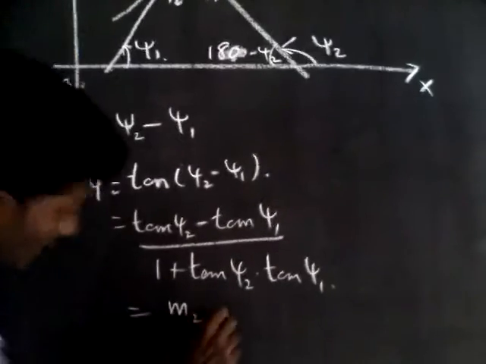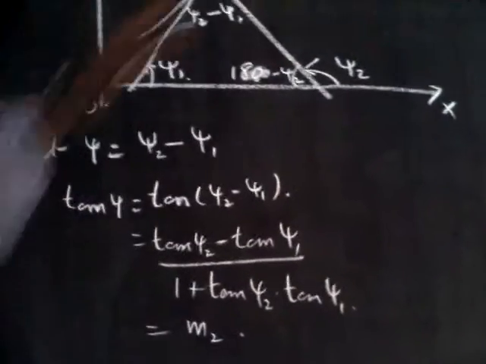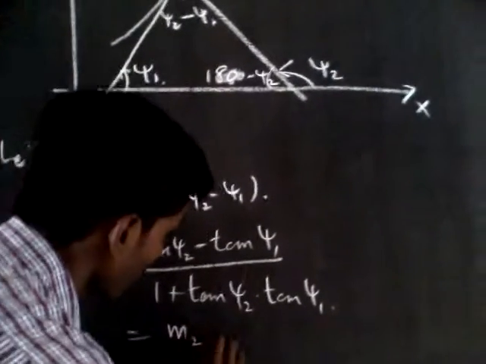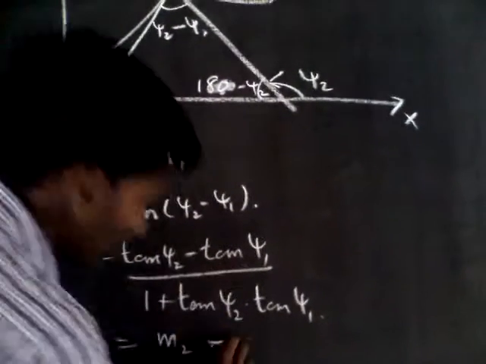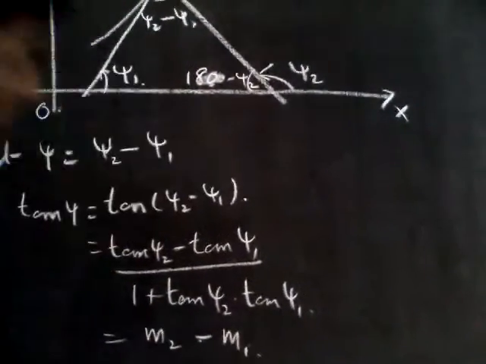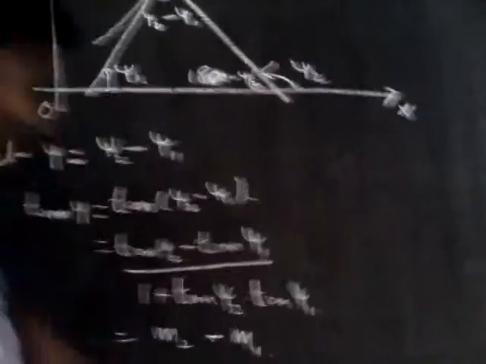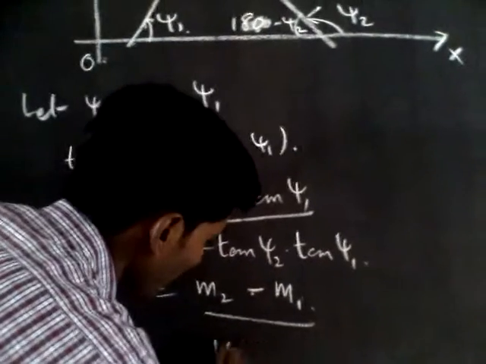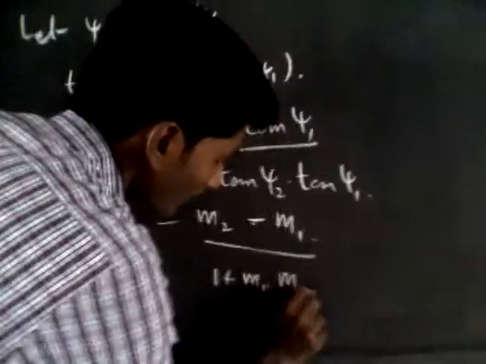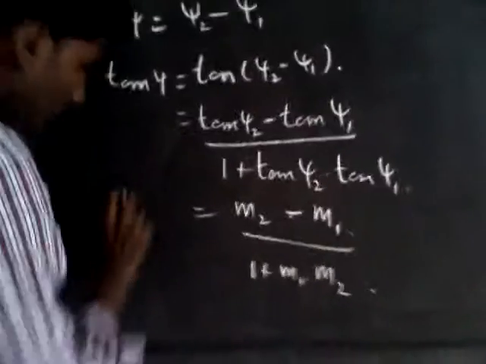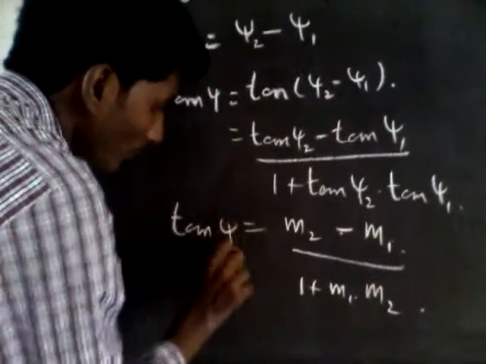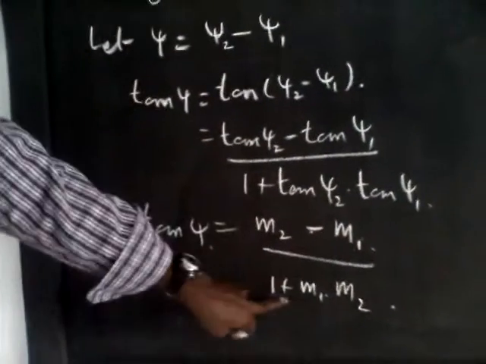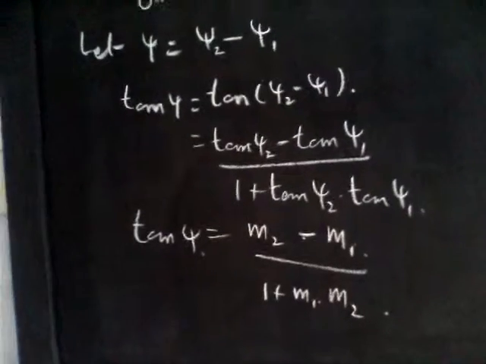Tan psi2 is equal to m2, the slope of the tangent to the curve C2, and tan psi1 is m1, the slope of the tangent to the curve C1. So tan psi is equal to m2 minus m1 divided by 1 plus m1 into m2.